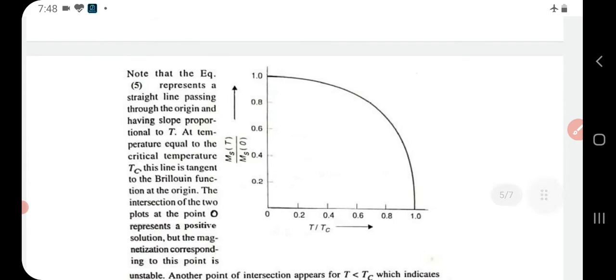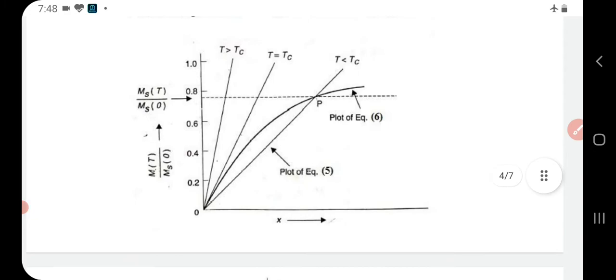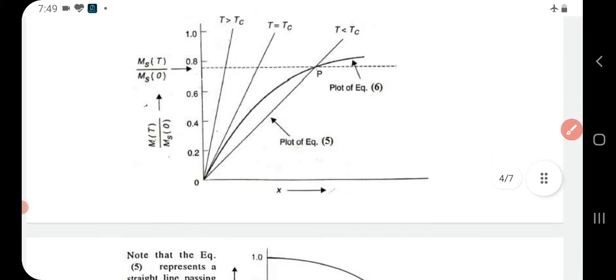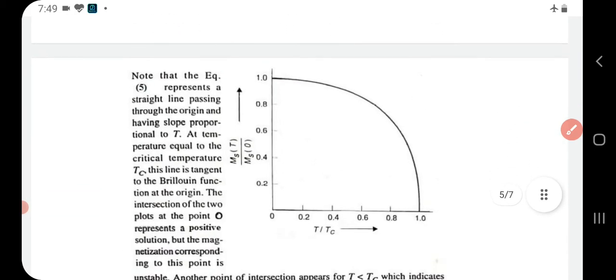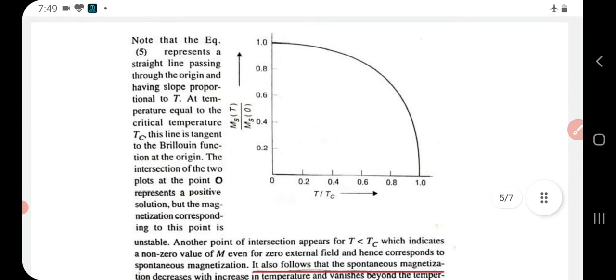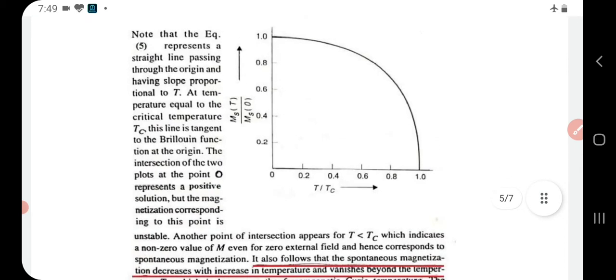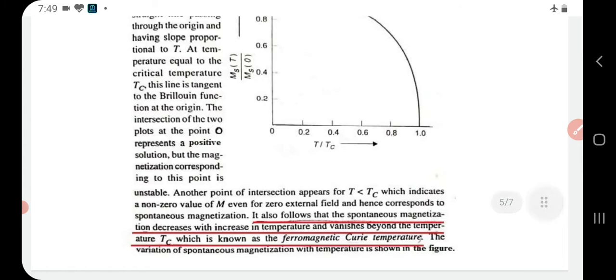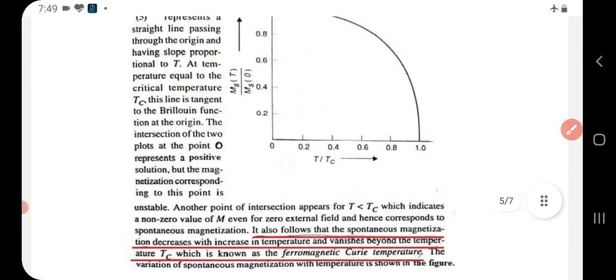The intersection of the 2 curves at the point O, the origin, represents a positive solution, but the magnetization corresponding to this point is unstable. Now what is another point of intersection? Another point of intersection occurs at T less than Tc.